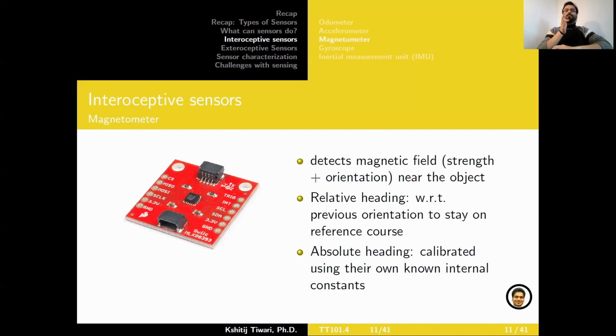For instance, if you know your last bearing or heading, and you take the current bearing or heading, you could evaluate how much difference you have from the current bearing to the last bearing. So you are relatively checking if you're still on course or if you have drifted away. And then there could be an absolute heading, which is calibrated with respect to some internal constants of the material used to design the magnetometer, and it gives you the absolute heading as opposed to one with respect to the previous heading at t-1.